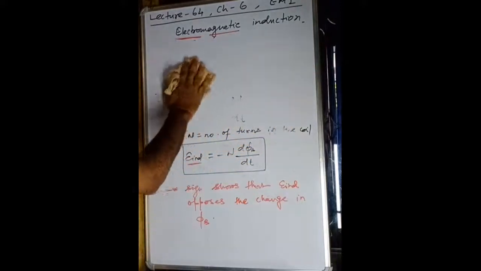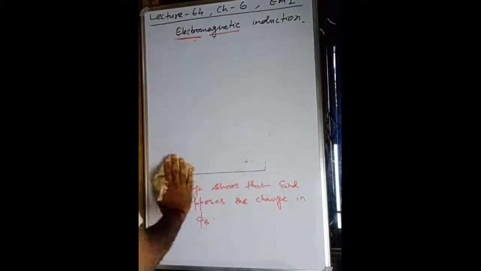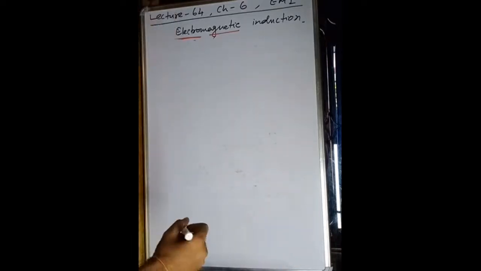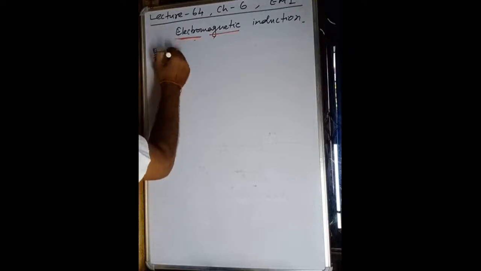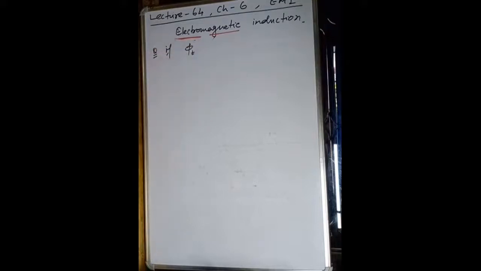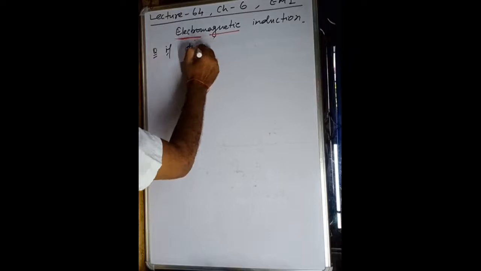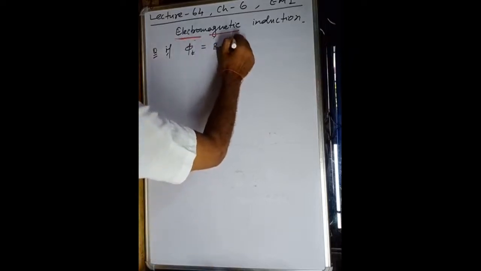Remember this law, E induced is equal to minus d phi by dt, and for n turns it is minus n times d phi by dt. Now the question: the flux linked with the coil is given as a function of time, it is B naught, a constant, times t cubed.